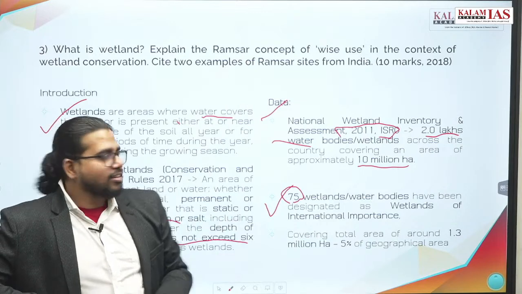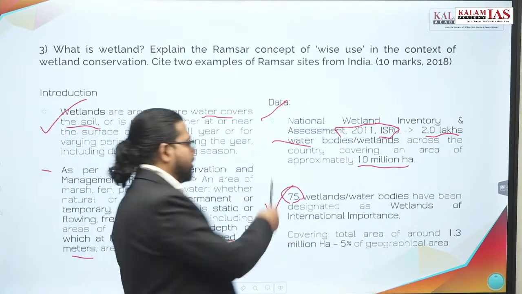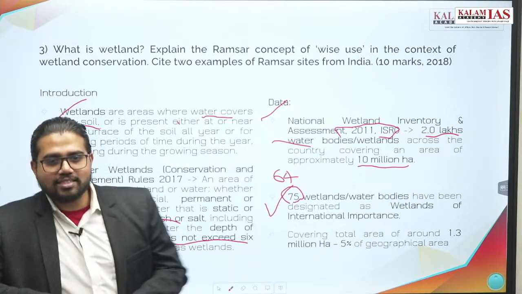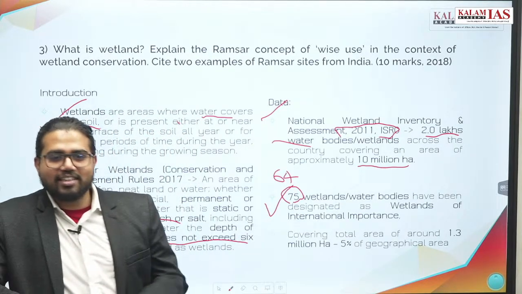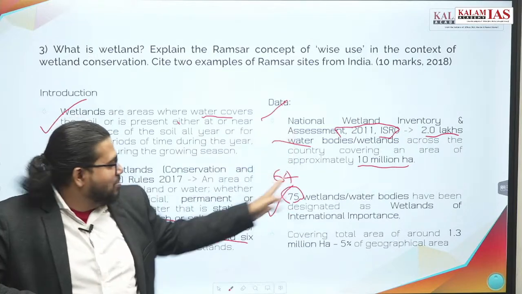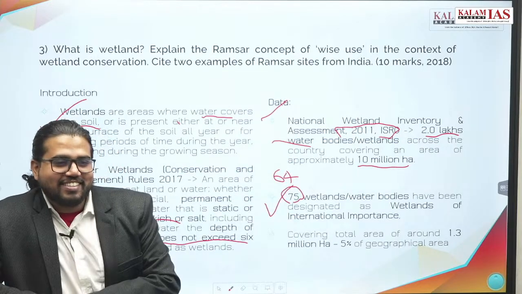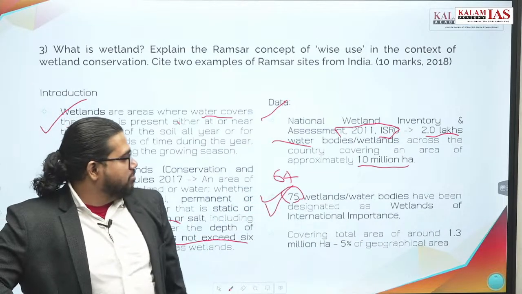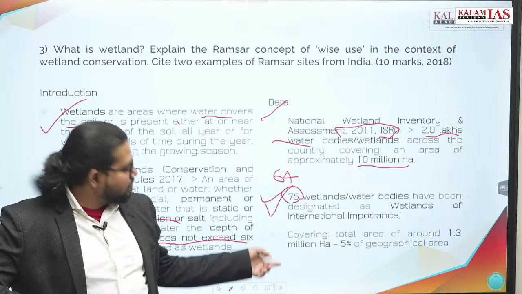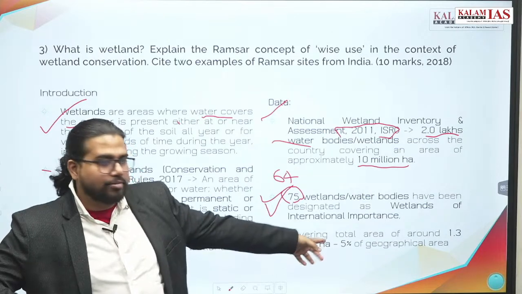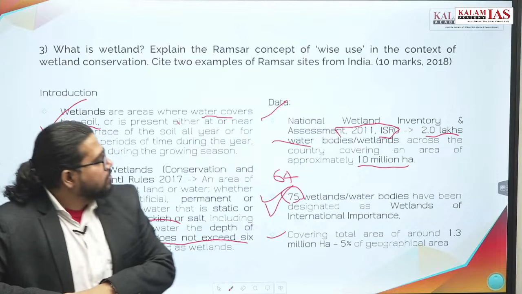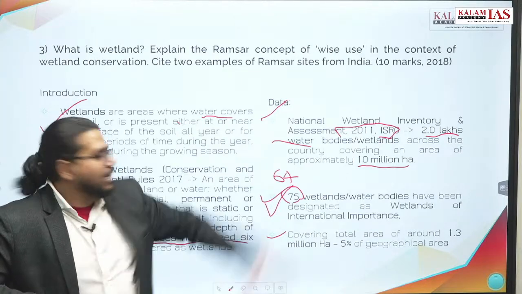Like 47 was there few years back, then it became 64 recently, then 71st Independence Day was coming and government announced 11 more and made it 75. So it is 75 as of now, maybe more will still come. More than 5% of India's area is wetland. So data you can use.